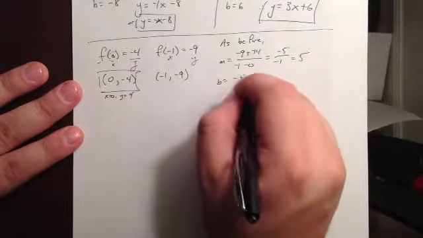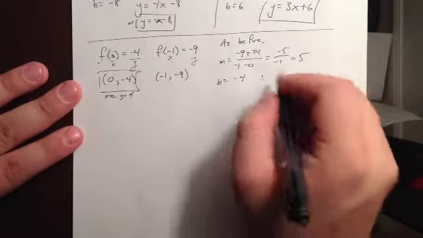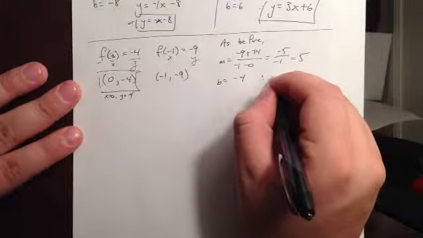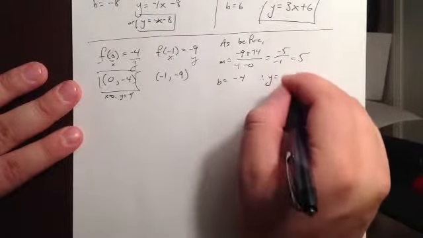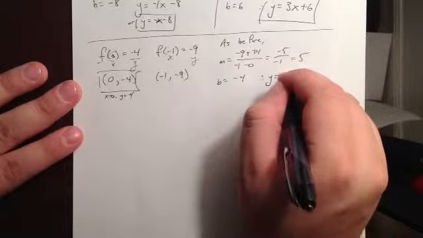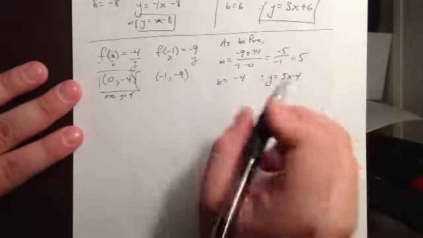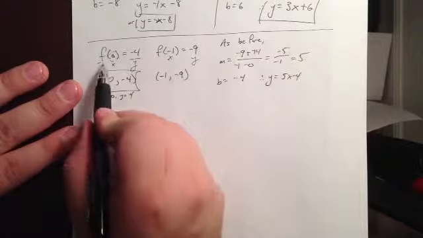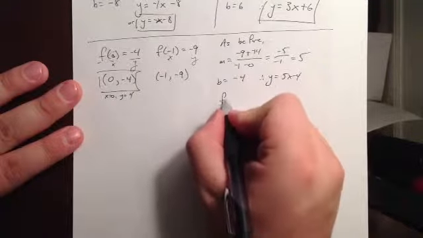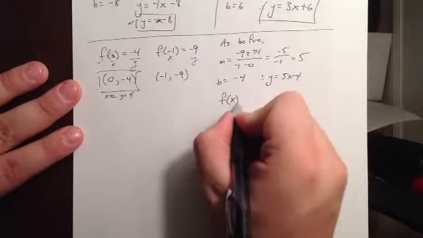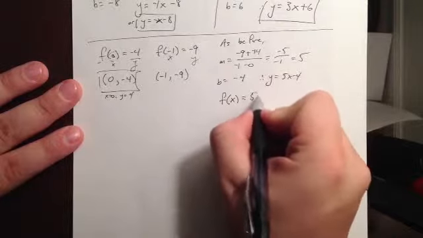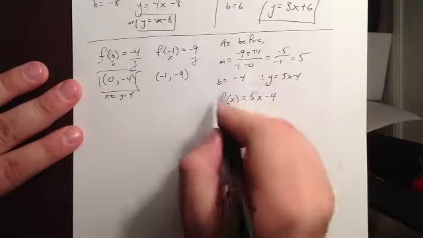So the y-intercept is negative 4. Therefore, the equation of this line in y equals form would be 5x minus 4. Since the problem started in function notation, it should end in function notation, so the rule f, when I plug in x, has the following rule: 5x minus 4.